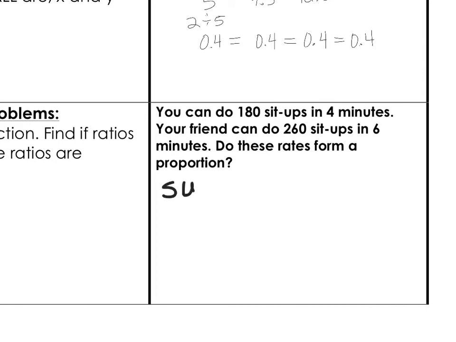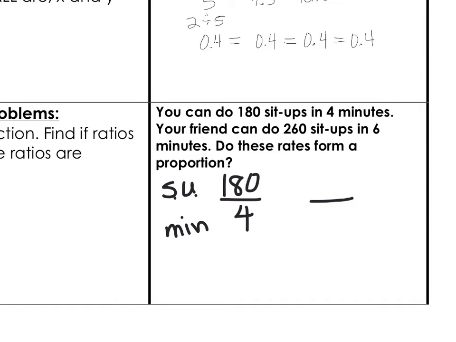I'm going to do sit-ups and minutes using SU as sit-ups. Okay. That means my sit-ups are going to go on top and my minutes are going to go on bottom. So I can do 180 sit-ups in 4 minutes. Probably not. Probably get exhausted after a certain amount of time and give up.